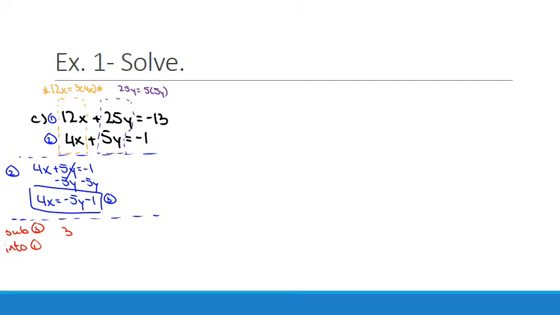So 3 times 4x, which means 12x still, plus 25y equals -13. And now where 4x was, I'll put that expression I found. So now from here on, it's the exact same question. And again, where did I get this -5y minus 1? It was right from there.